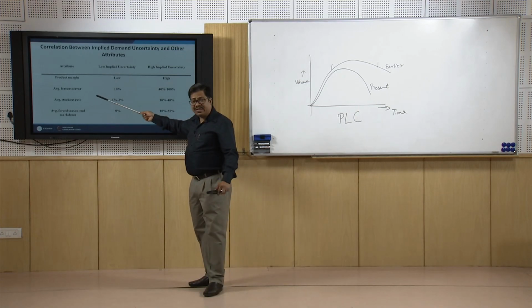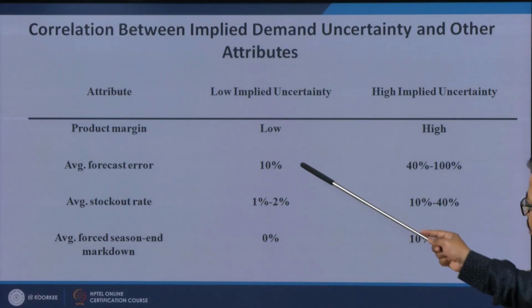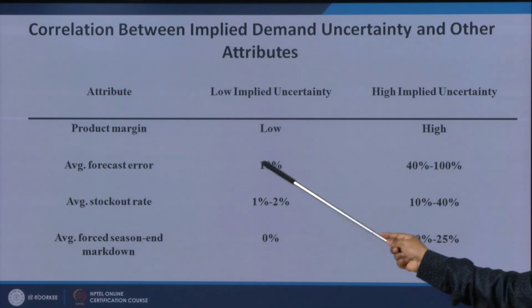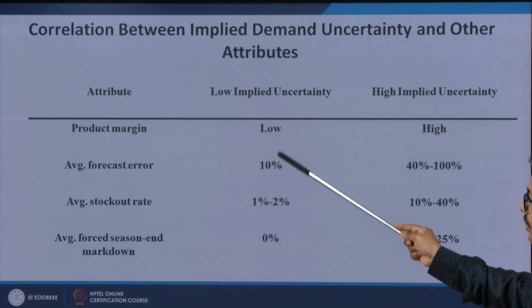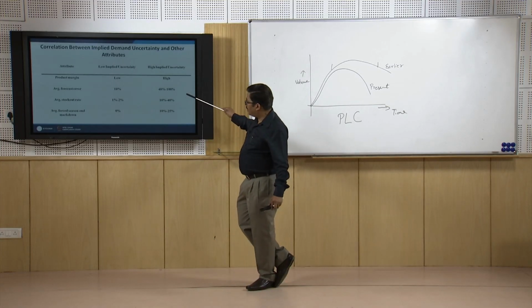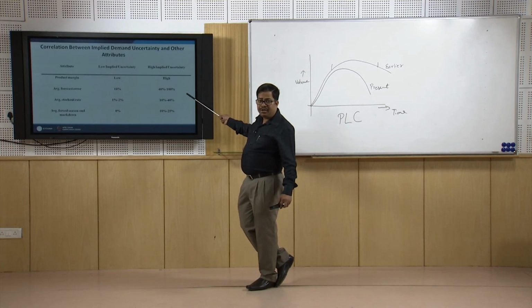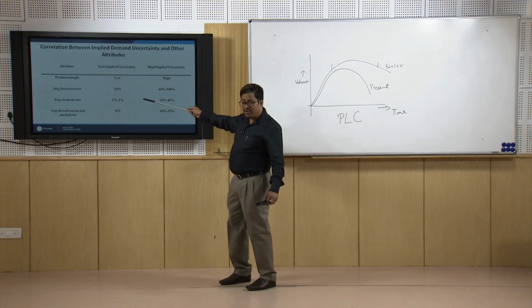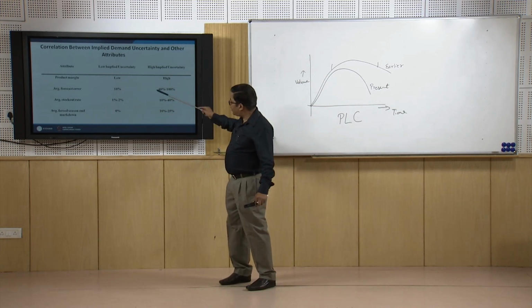The average forecasting error is very low, as low as 10%, in the case of low implied demand uncertainty. But if you are positioned on the right side of this spectrum, your forecasting errors can be as high as 40% to 100%.